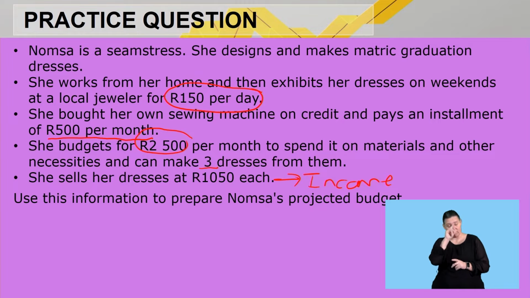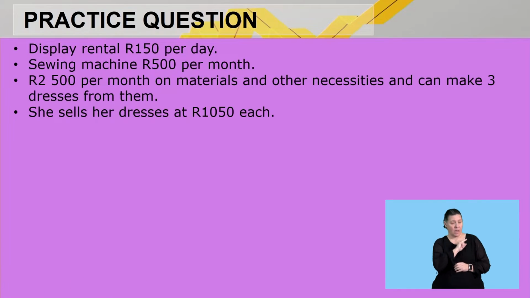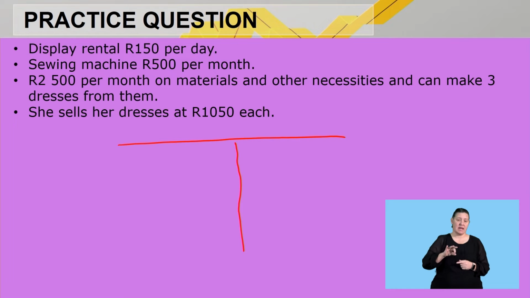Again, remember, a projected budget is only a plan. It's not what happened in real life. So, because it's a budget, we are doing it in a table where your income is on the left and your expenses is on the right. Please do write income there and not only I and expenses, not like I'm doing it now.